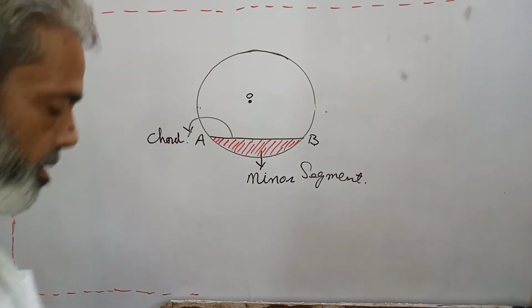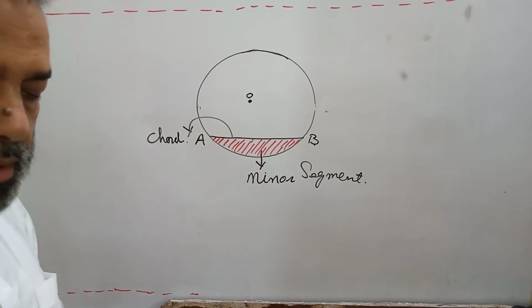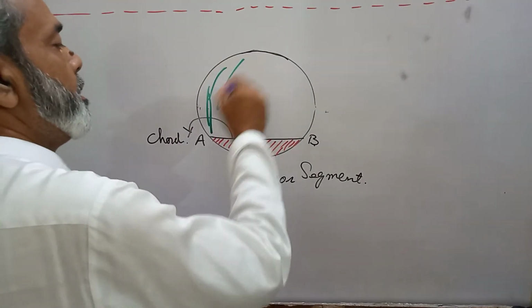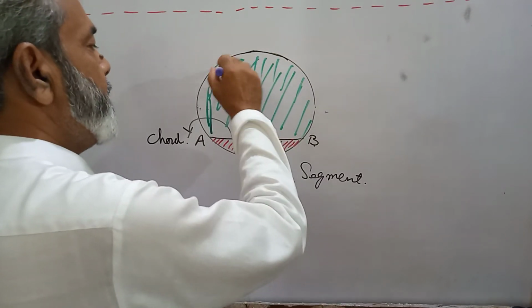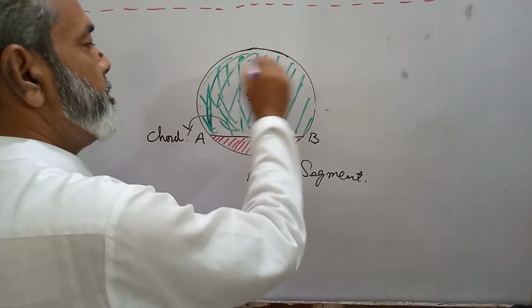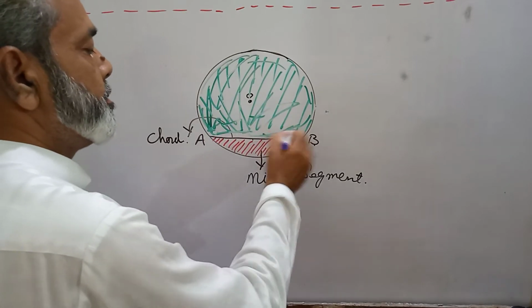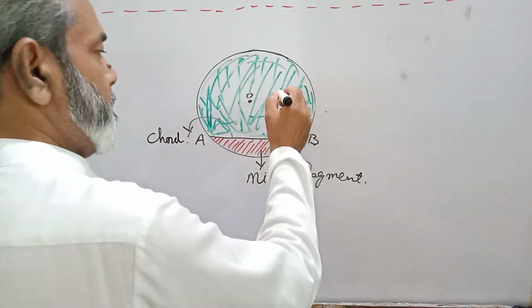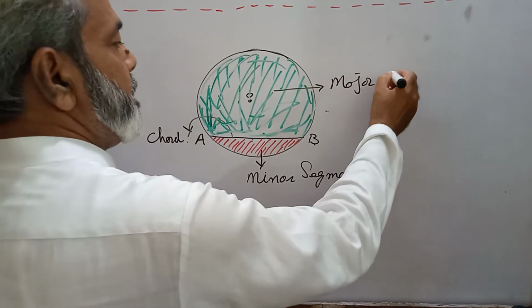And the upper part, which I am going to color with green ink, this green part is the major segment.